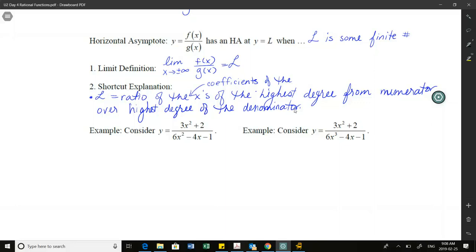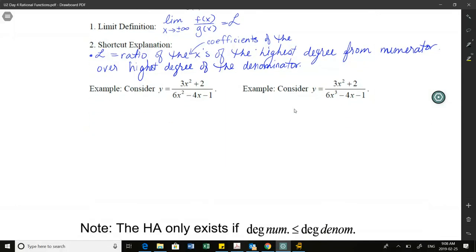Okay. So what does this mean? Firstly, we need to look at our numerator and denominator, and out of both expressions we need to find the x with the highest degree out of everything. So what's the x with the highest degree in example 1? 2. So x squared has the highest degree.